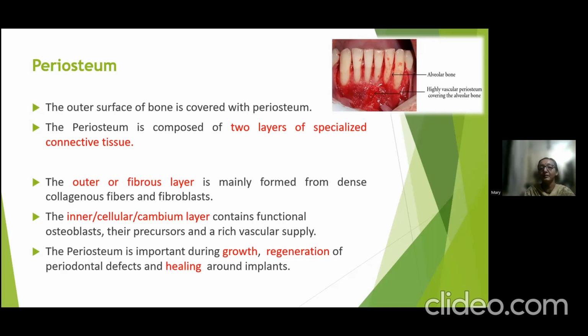Here you can see a picture of the periosteum with its rich vascular supply. The periosteum is very important for growth, regeneration of periodontal defects and healing, which involves both healing after periodontal surgeries as well as implant placement. So the periosteum plays a very important role.